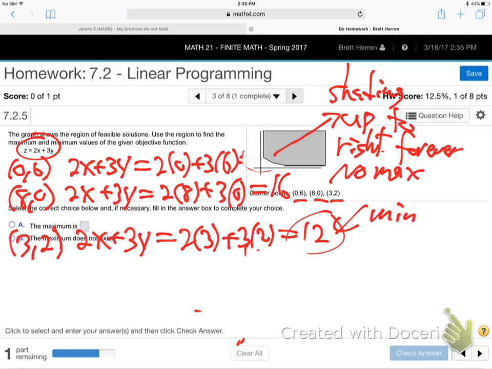Because you could get bigger and bigger and bigger forever. It'll make more sense when we have a real life problem in front of us. But let's just say for now, if the shading goes up forever, there's no maximum. So the minimum is still 12, and there is no maximum.